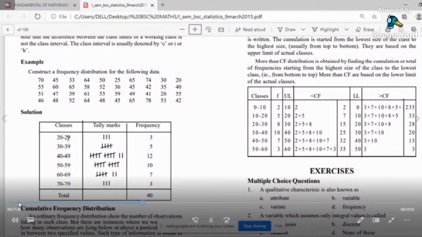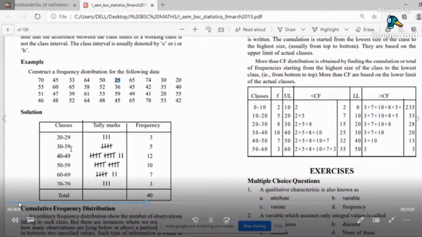So between 20 and 29, what are the observations? 20 is there, here we have another 20, and here we have 25. So 3 observations are between 20 and 29. Then we can represent tally marks, and the frequency is represented here as 3.